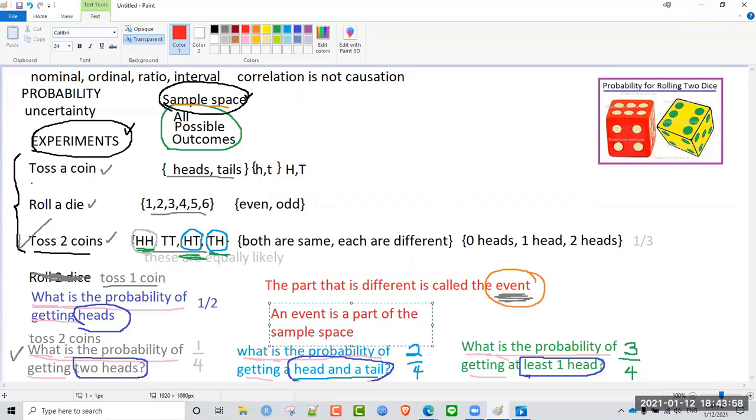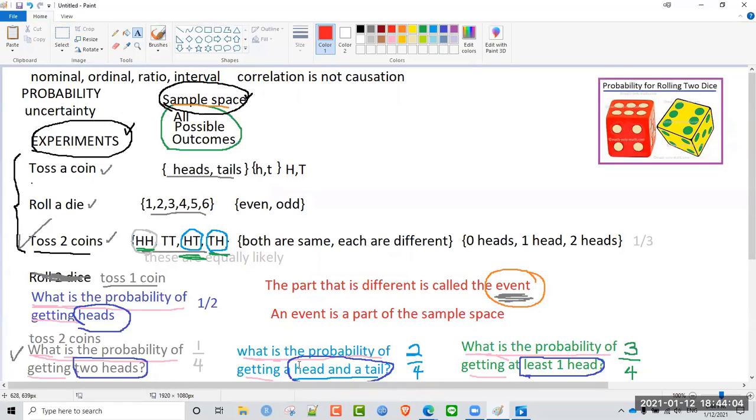Each of these events, the gray one, the blue one, and the green one, the events referred to in those sentences, each of those is just a part of the sample space. In this one, it's just this part. In this blue one, it's these two. In this one, it's these three, but they're each a part of the sample space. Okay, so now we have a kind of definition of what we mean by the word event in terms of the sample space.